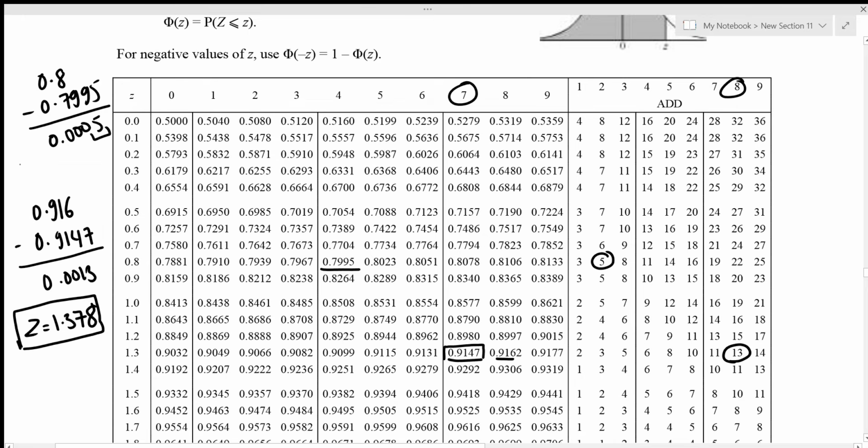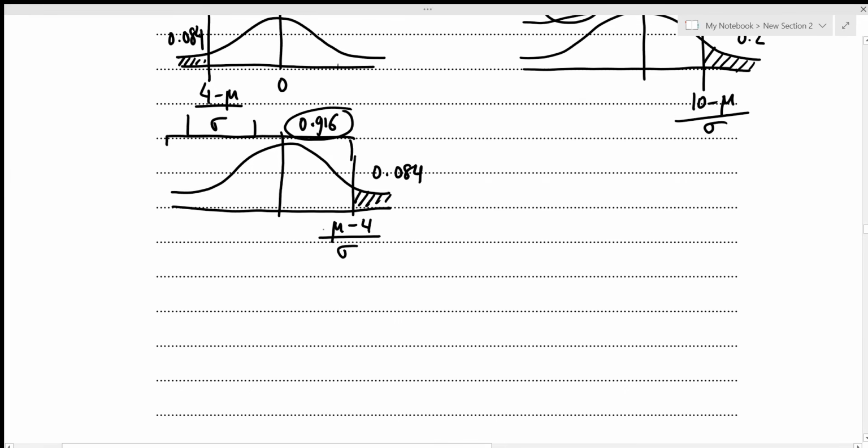So the corresponding z value is going to be 0.8, the corresponding column has 4, so that's the second digit, and the corresponding column has 2, so that's going to be the third digit. So for the probability of 0.8, the corresponding z value is going to be 0.842. Let's just substitute these both values. For the probability of 0.916, the corresponding value is going to be 1.378, and for the probability of 0.8, the corresponding value is going to be 0.842.